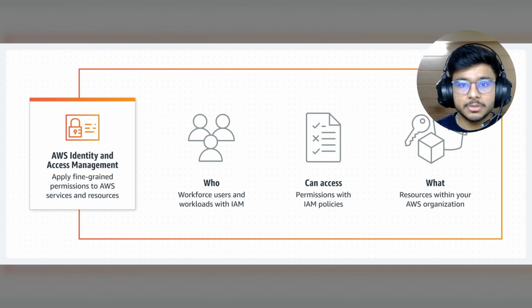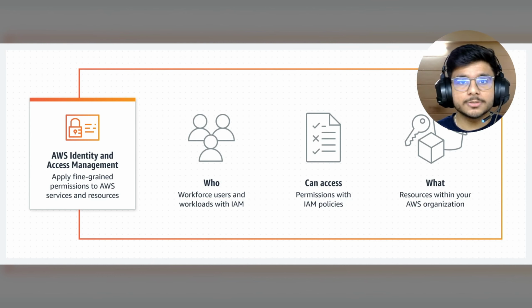All the permissions grouped together are called policies. Policies come under can access. So the policies will define what is allowed for you. Whatever you are allowed to do comes under policies, the group of permissions. Now a user can access anything if it's assigned the policy, if it's assigned the permission.